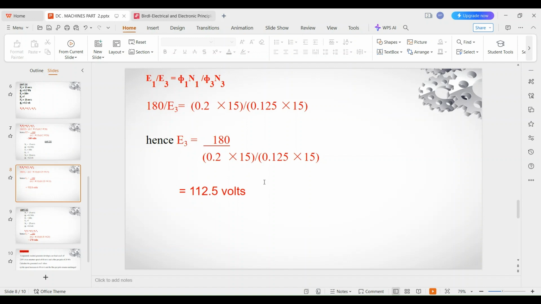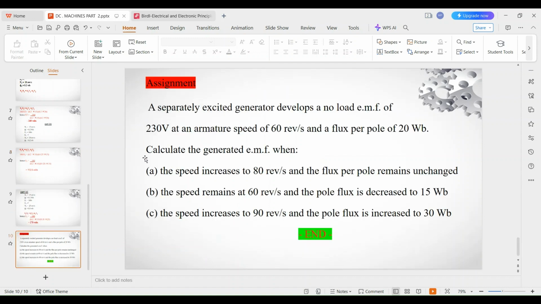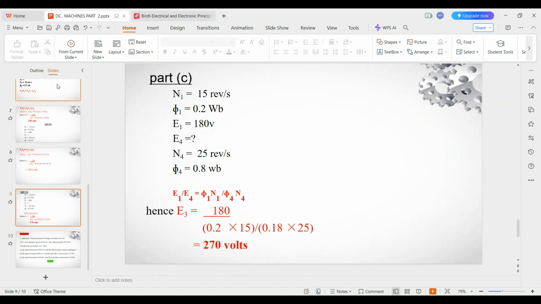We shall have 112.5 volts. So I believe it's clear now. Let's look at part C.